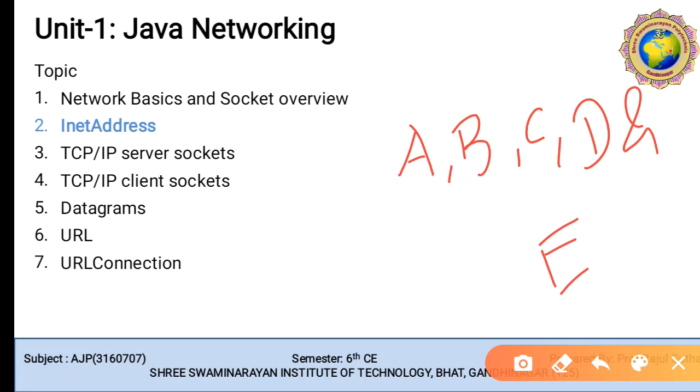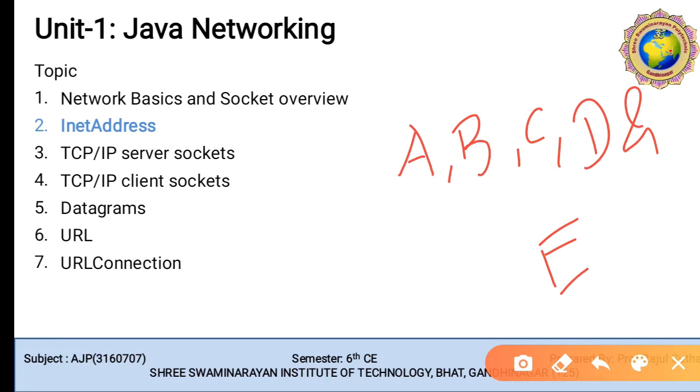So these are the network classes. According to the internet addressing standards, the first byte specifies the network class and the last byte identifies the individual computer on the network.